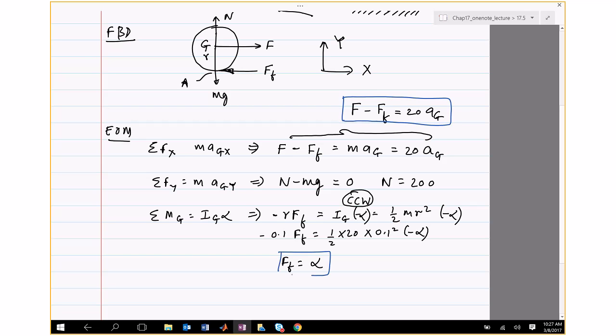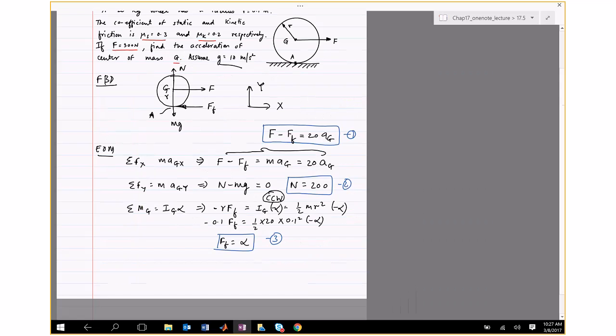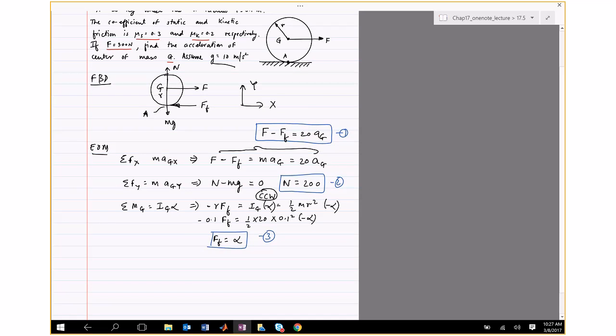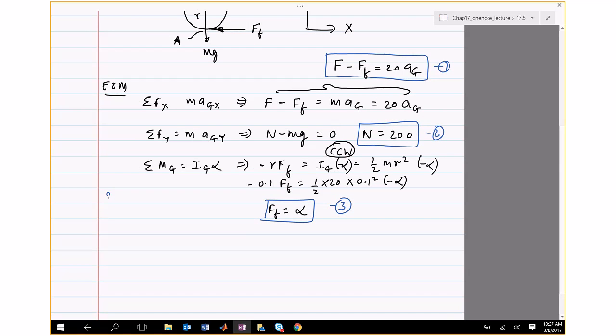This is the second equation. This is the third equation. So I have three equations. Now I'm trying to solve for the acceleration of center of mass G, because that's what is asked. So I have three equations, and how many unknowns?